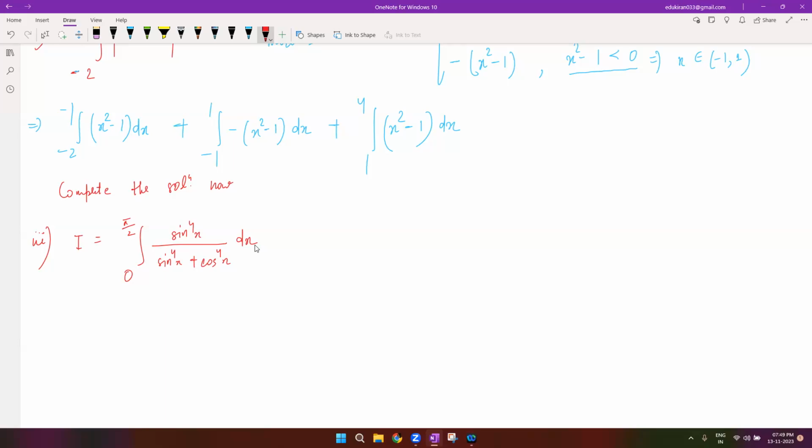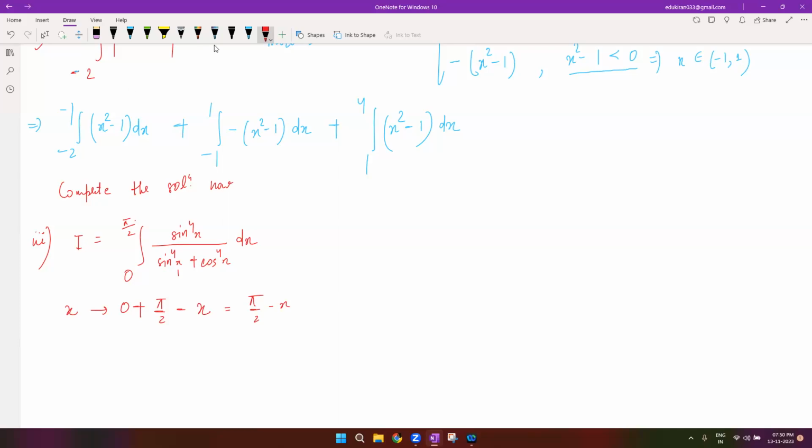In case of fourth and sixth, we will always go with the fourth first. What is fourth property? Fourth property says that if you are integrating a function from some limit a to b, then you can write the same function by exchanging x with lower limit plus upper limit minus x, which is you can replace the x with pi by 2 minus x, and your answer will not change.